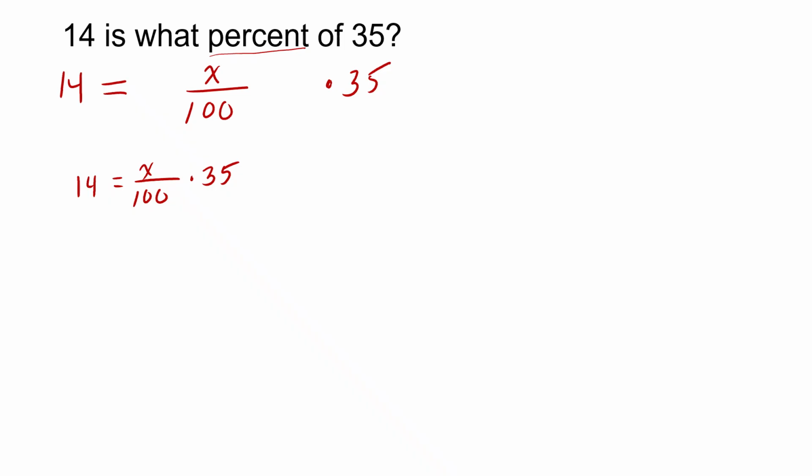And now you can just kick in your equation skills to solve it. And you can do this a couple different ways. If you want to think of the 35 as being a fraction there, you can just multiply straight across.